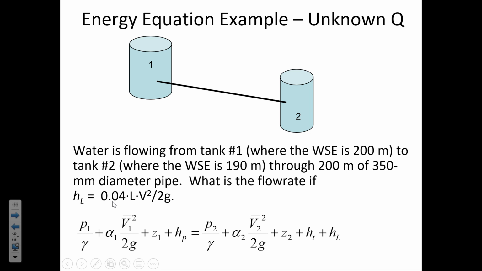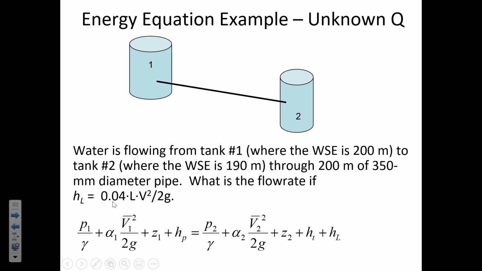And the H naught formula that we'll typically use is K times V squared divided by 2g. So here in this example, we're using 0.04 as a representation of pipe friction, the diameter of the pipe, and also whatever pipe bends may exist.